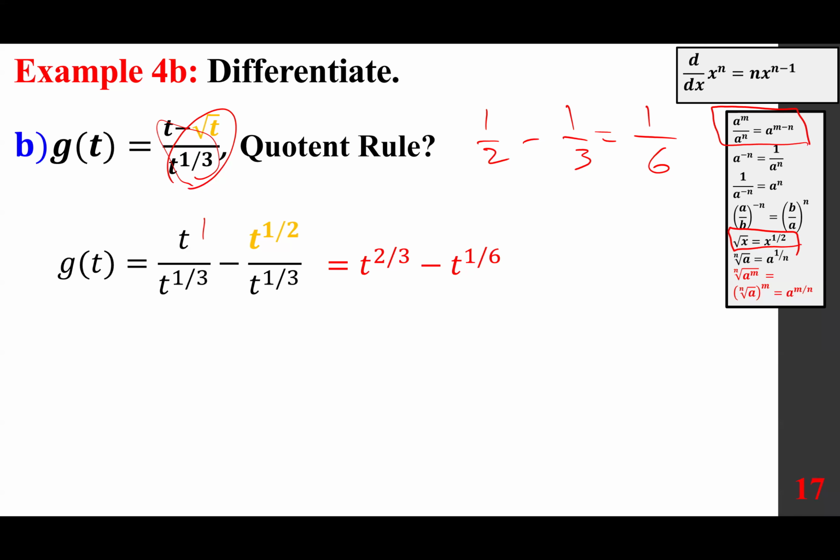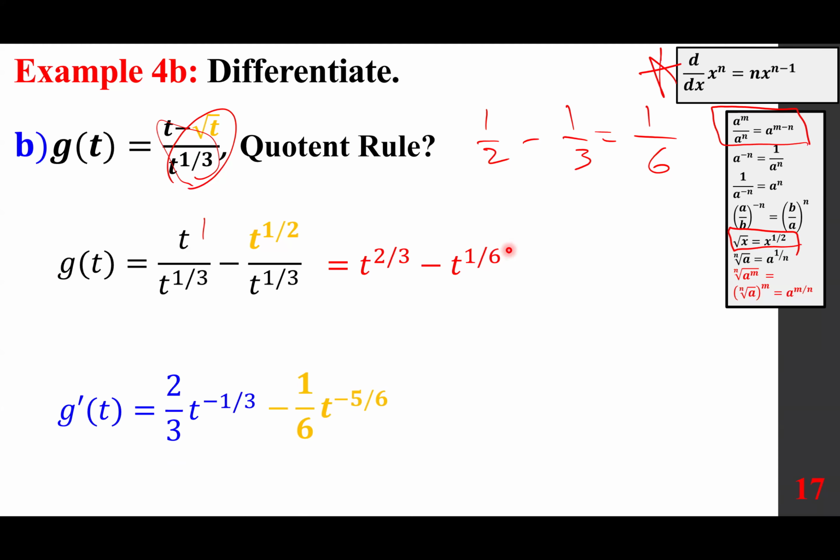And now we are going to use the power rule for each case. So if I want G prime, this is 2/3 t to the power of 2/3 minus 1 gives me negative 1/3, minus 1/6 t to the power of 1/6 minus 1, which is minus 5/6.